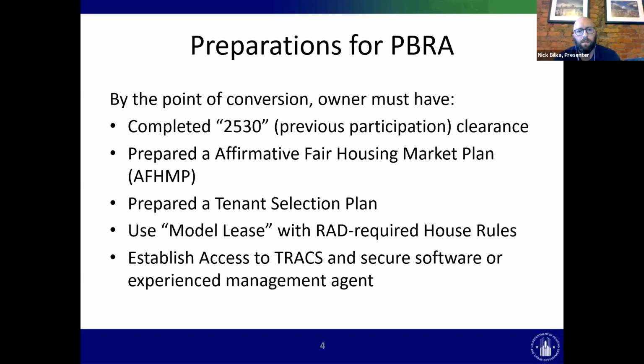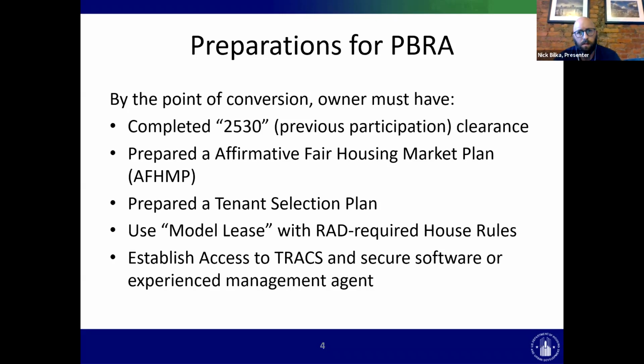Also, the tenant selection plan. This is a document that really spells out the descriptions of the eligibility requirements that are needed for tenants or prospective tenants to apply to your property. This is where you're going to have those requirements, the income limits, things of that nature. Your TSP is also going to set out any preferences that you currently have in place at the property.